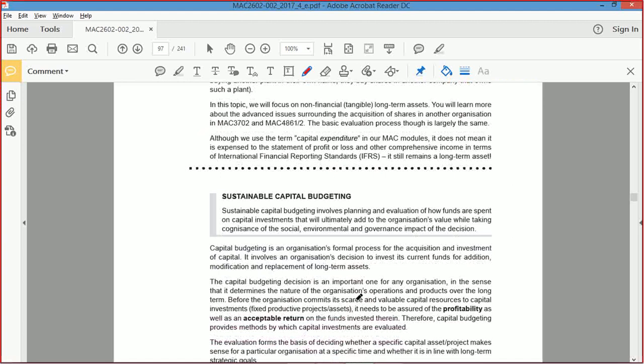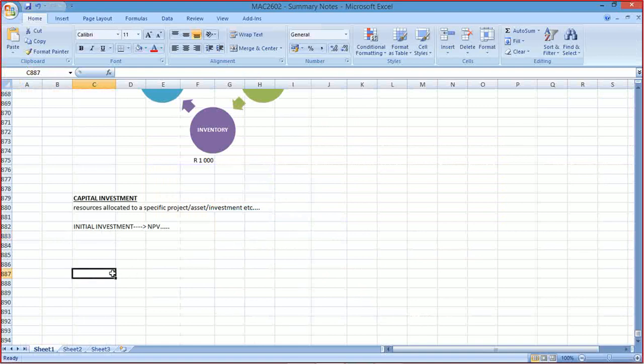They talk about sustainable capital budgeting. Are we going to allocate all our resources to one project? No, it's probably not a good idea. So funds need to be allocated accordingly, and that's where the budgeting comes into it.